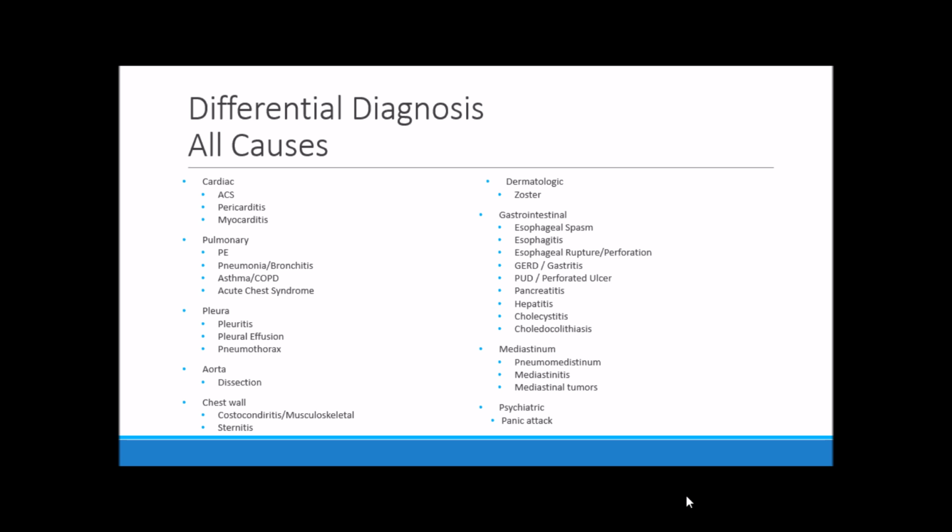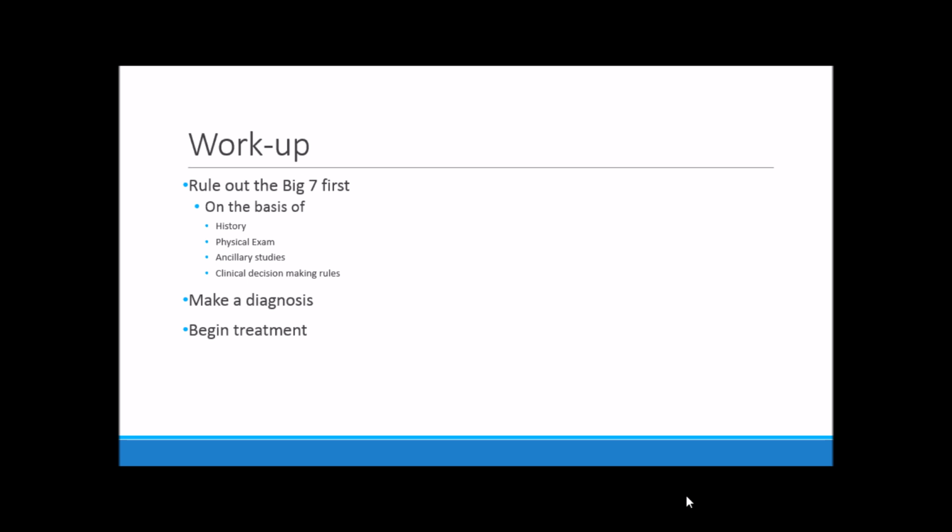So, then we can get to the laundry list of all the things that can cause chest pain. And there are quite a few. They range from the bad things to some pretty not bad things like costochondritis or panic disorder. Okay. So you should have kind of a list of the comprehensive causes of chest pain, but really, you got to know the big seven.